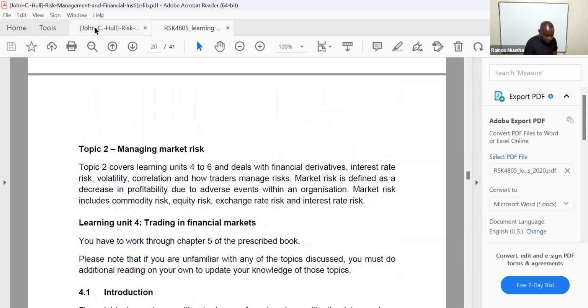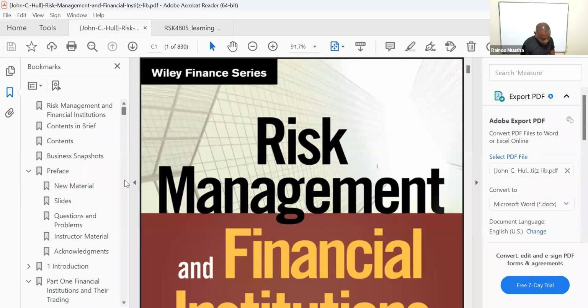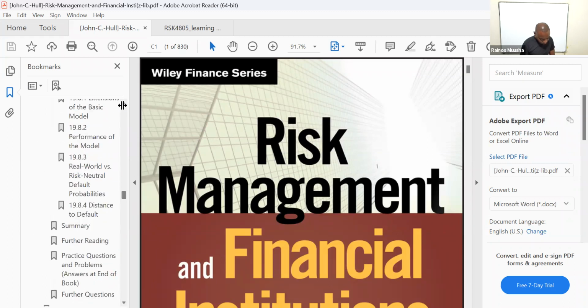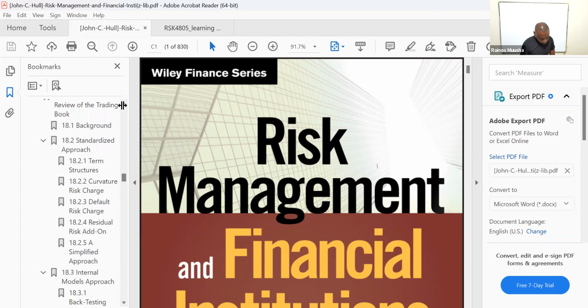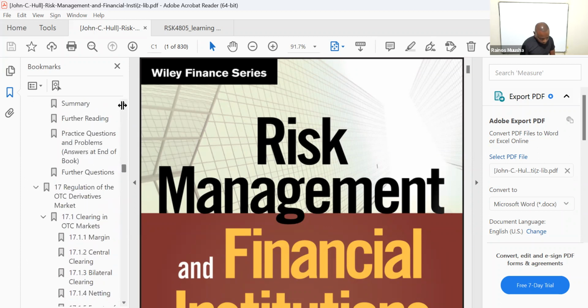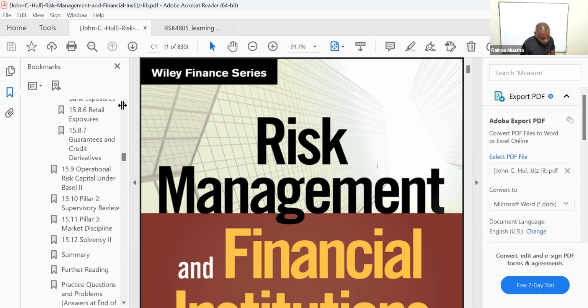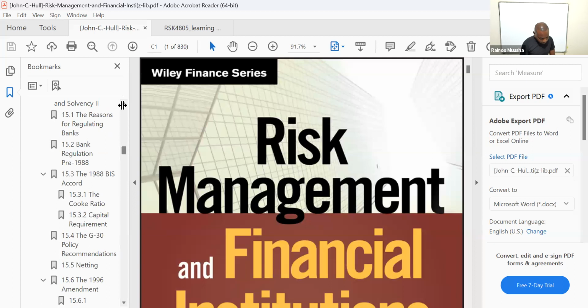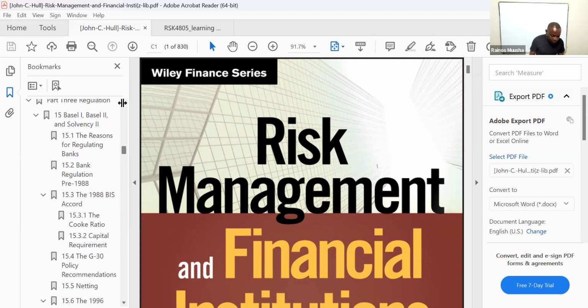So if you look at Learning Unit 3 there, when you look at chapters 15, 16, and 18 of the textbook, you see that Learning Unit 15 looks at bank regulation.